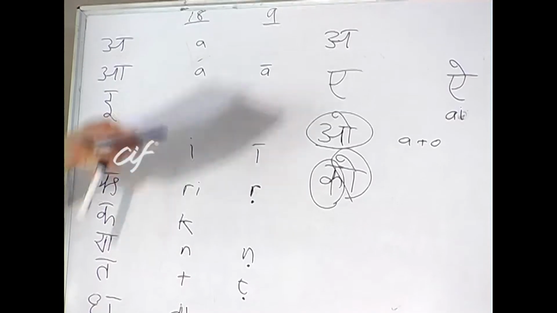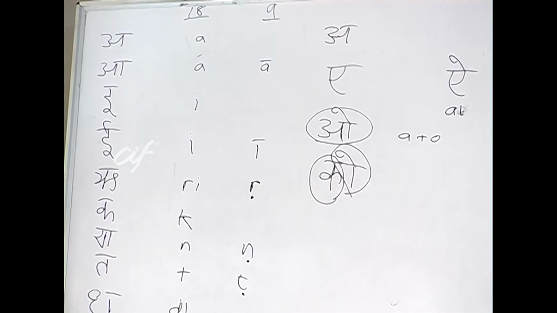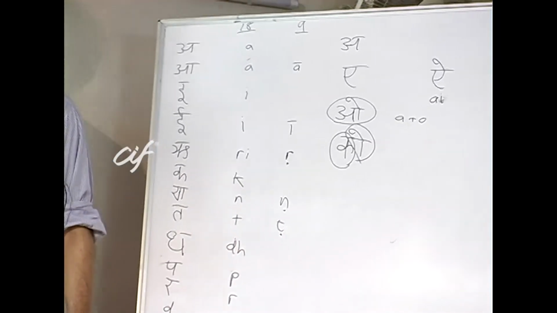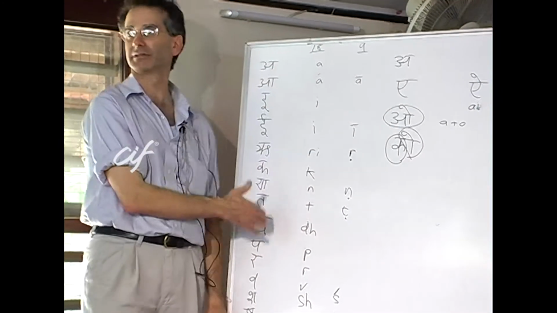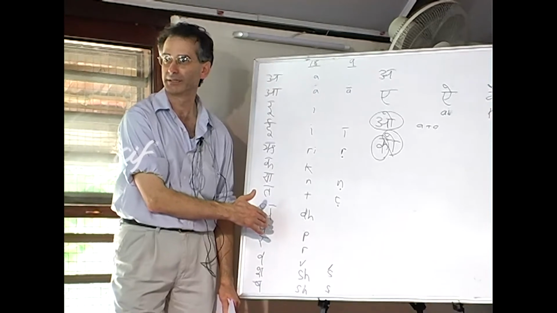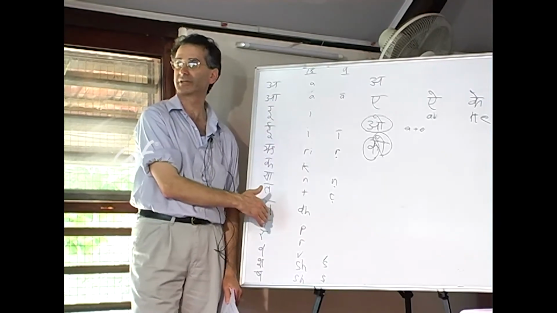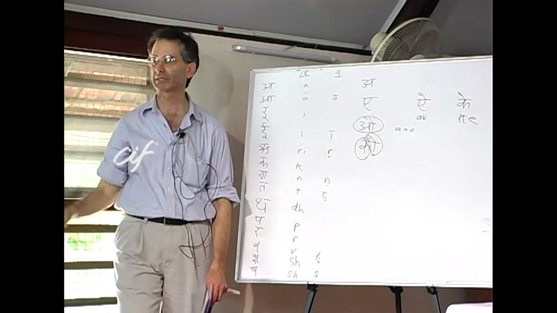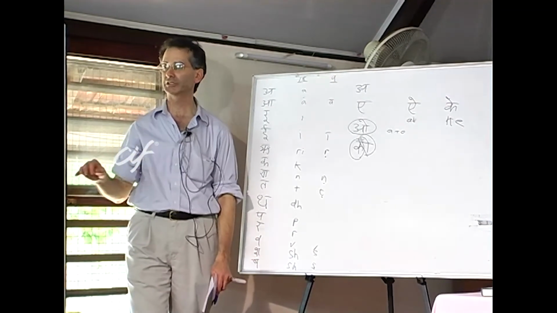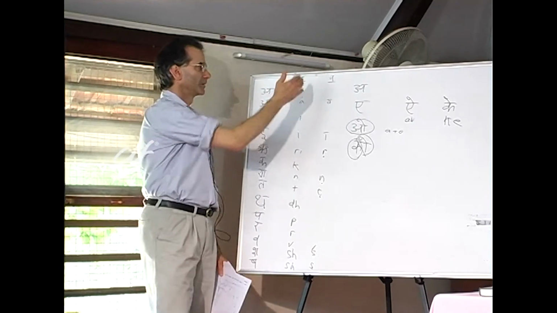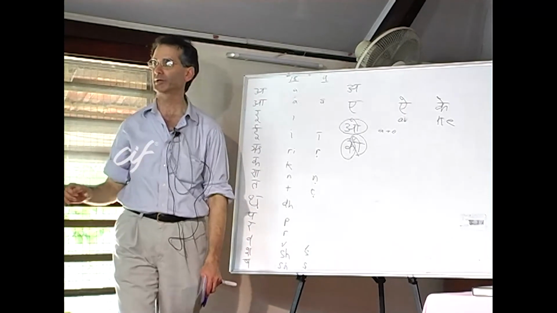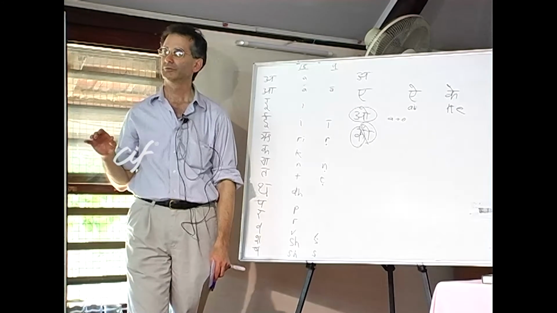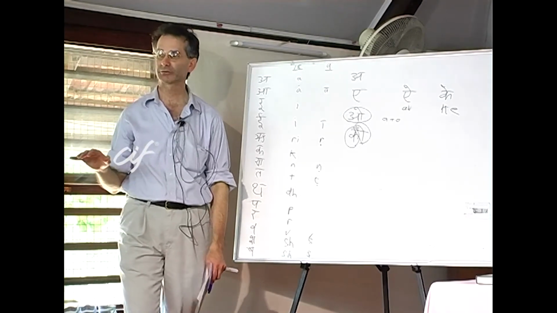So these diacritic marks are additions made to the script to accommodate phonemes in the Sanskrit language that don't exist in Latin or didn't exist in Latin, and so weren't necessary. The Latin script was adequate to represent the phonemes of the Latin language, to represent all the distinctions made in the Latin language, but was not adequate to represent the phonemic distinctions in the Sanskrit language.